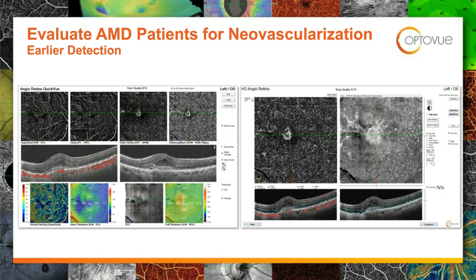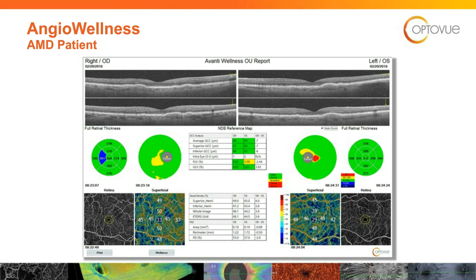And then if there's no activity, I believe I showed you one of those angiograms, the angio wellness scans, where we had some drusen and the patients did not have any activity, and that's how you could tell. So right here is the angio wellness scan of the macular degeneration patient. As you scan across these B scans, you can see that there are drusenoid elevations.